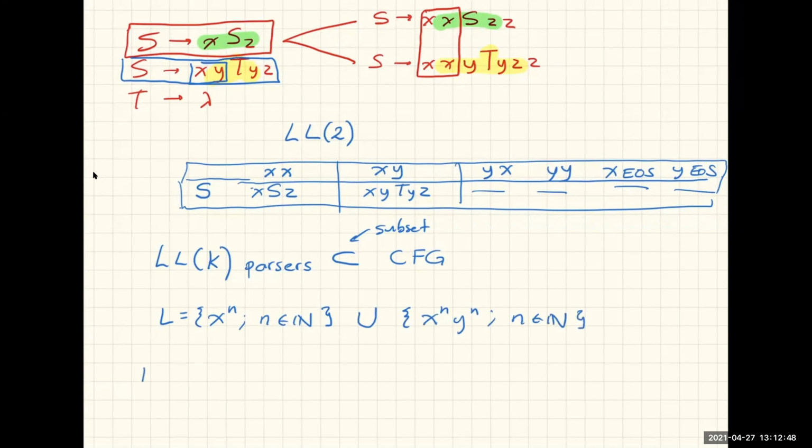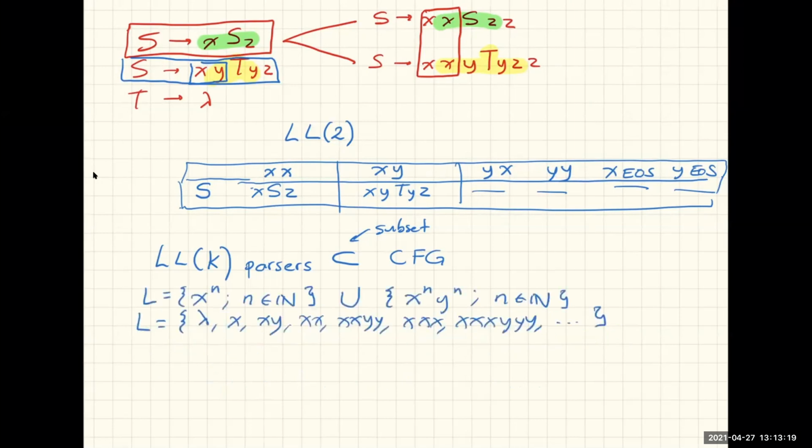So this language would consist of strings going from lambda to xy, xxyy, xxxyyy, etc. I want you to show me first the grammar for this language. So before we keep on going, please write in your notebooks the grammar corresponding to this language L.